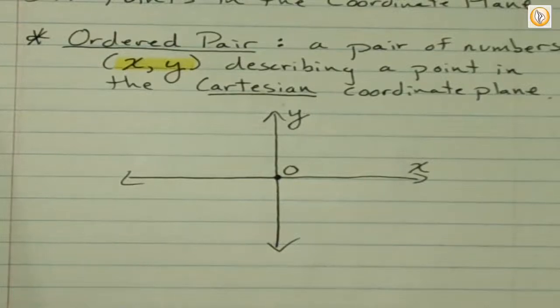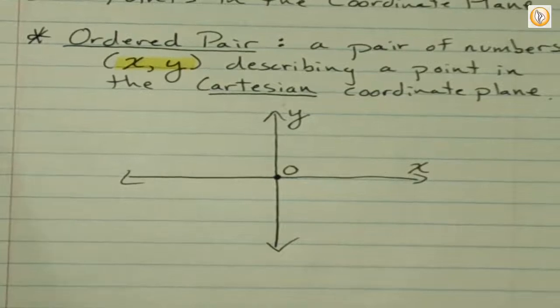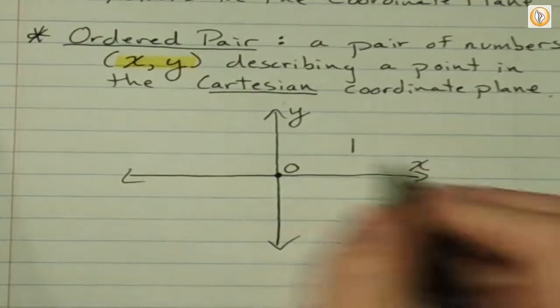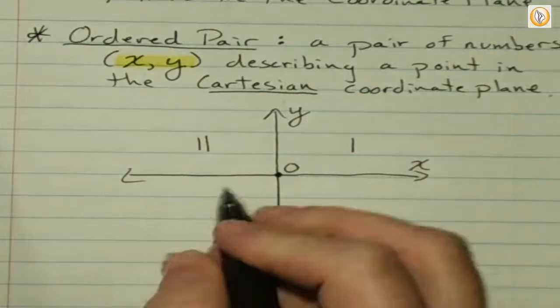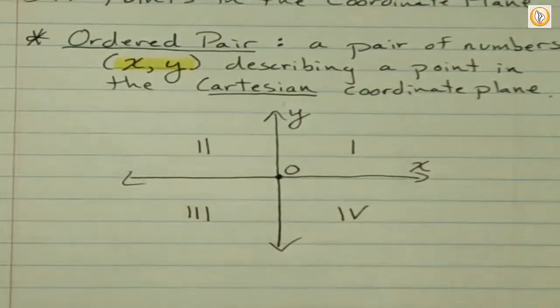Now this is divided into quadrants. I don't go too much into the quadrants, but you need to know them. Quadrant 1, 2, 3, and 4.